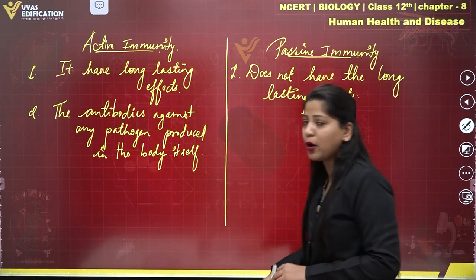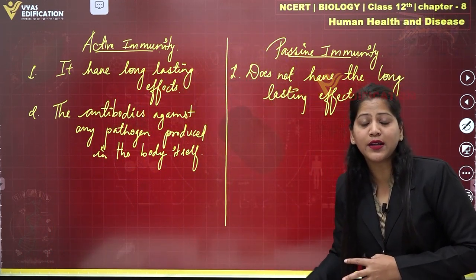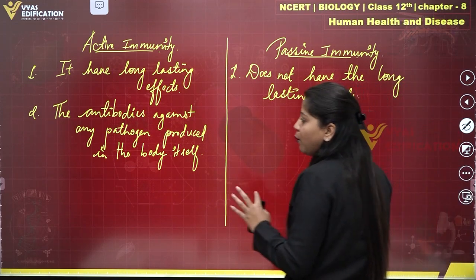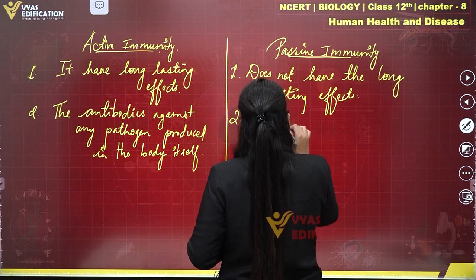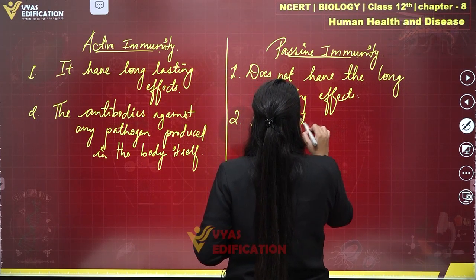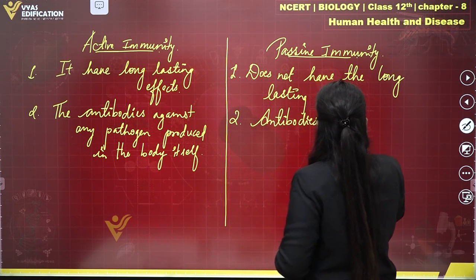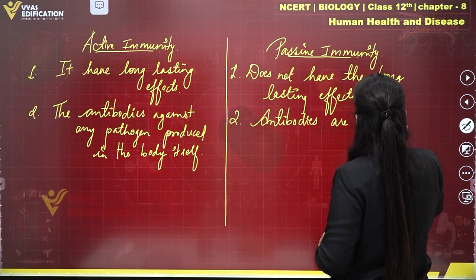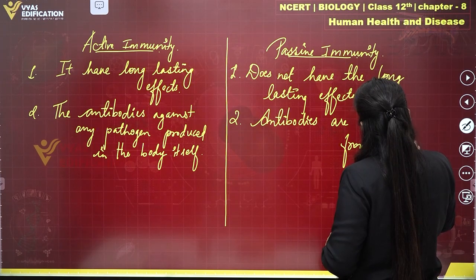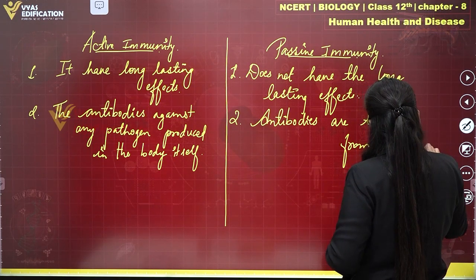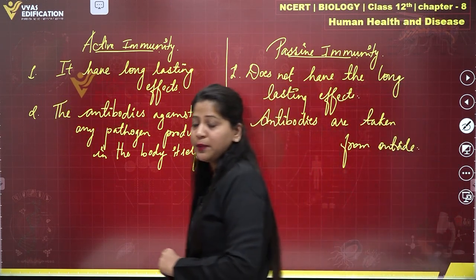Whereas in passive immunity, the antibodies are taken from the outside. The body is not going to make the antibodies. So antibodies in passive immunity are taken from outside, right? So this is the difference between active immunity and passive immunity.